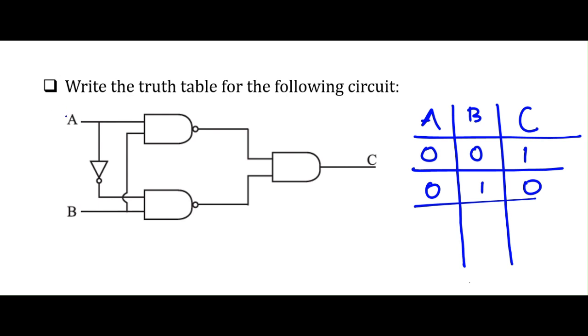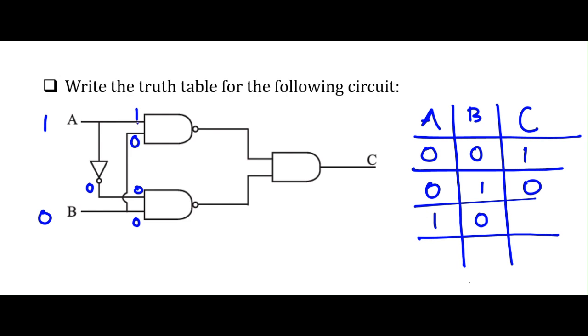Now moving to the next combination, which we can write 1 0. So let's check what will be the output. Here we are feeding 1, here 0. So this will be 1 only, and here we are getting 0. So here we have 0 and 0, and the same 0 will be acting as input here.